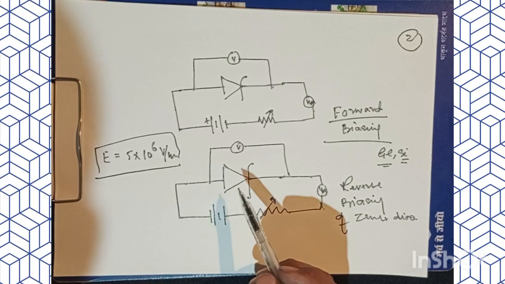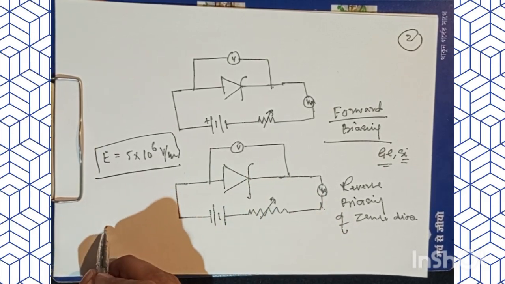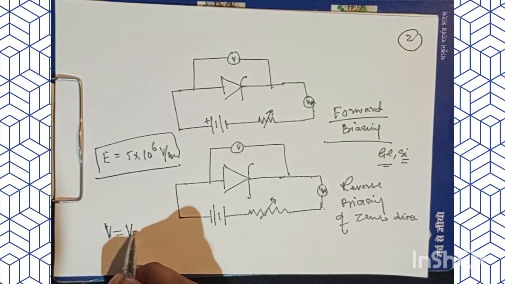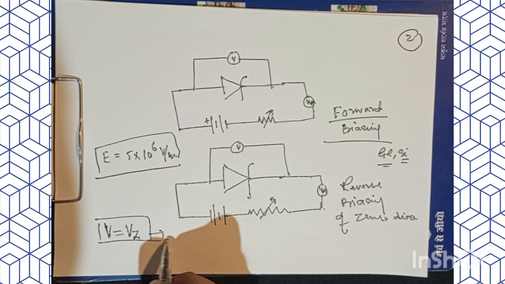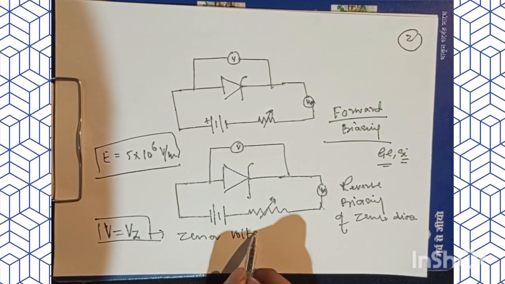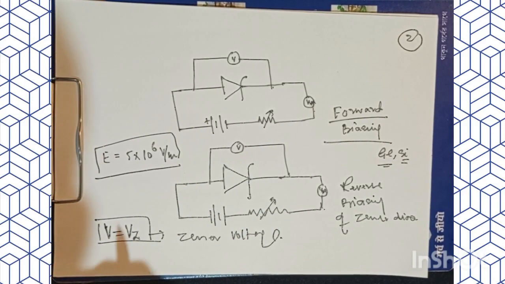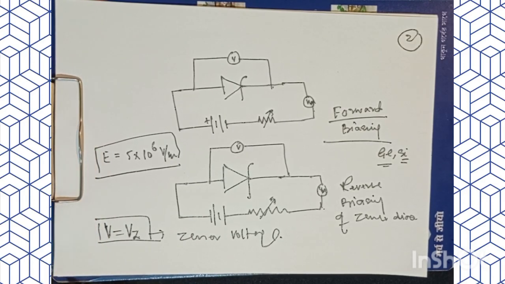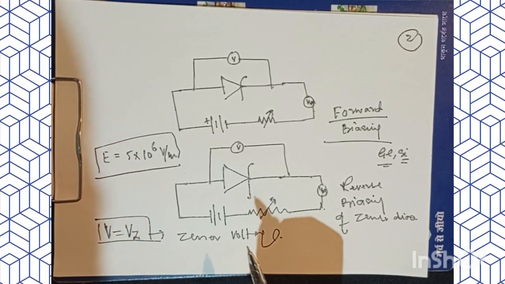In other words, if I assume that V equals Vz, so V equal to Vz is my zener voltage, I can say that this zener voltage remains almost constant, but there is a large increase in the reverse current.